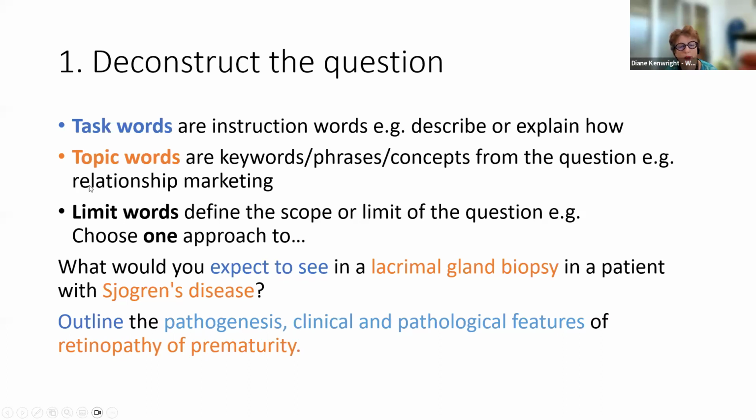And a topic word. And often there are limit words as well. So here we've got a task word. What would you expect to see in a lacrimal gland biopsy? In other words, if we rephrase that, it's the histopathologic appearance of the lacrimal gland in Sjogren's disease.